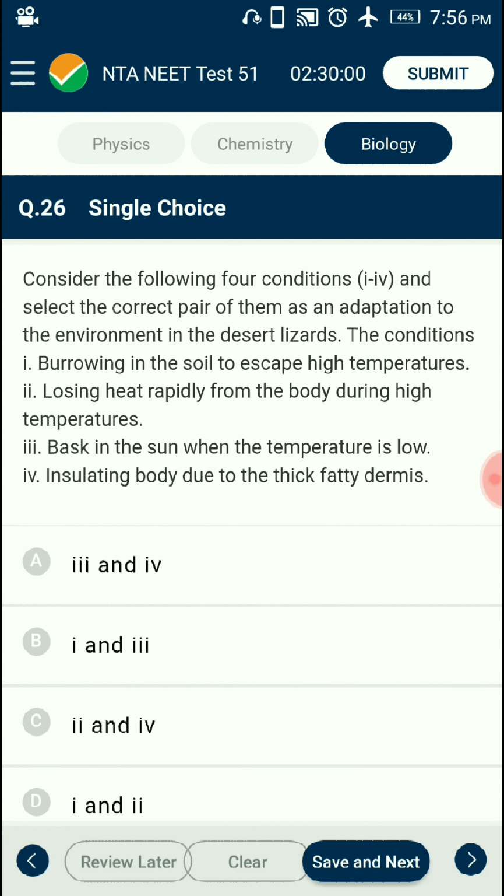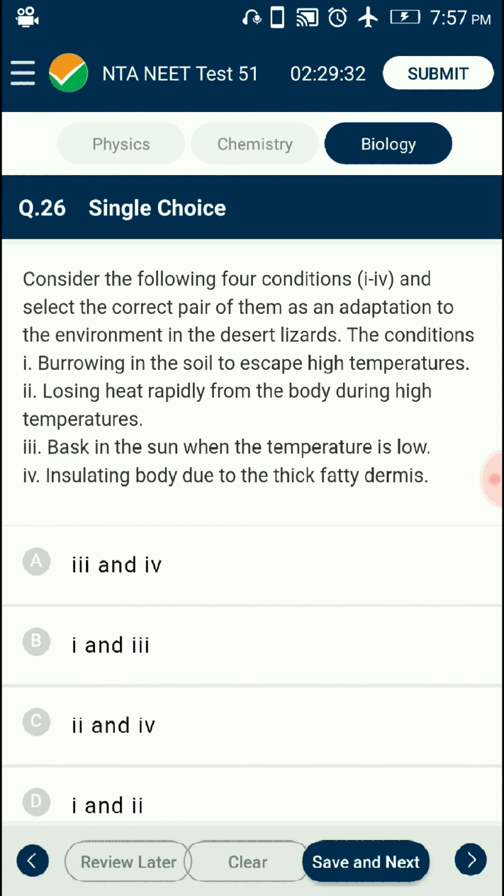Question number 26. Consider the following 4 conditions from 1 to 4 and select the correct pair of them as an adaptation to the environment in the desert lizards. The conditions are given here. Desert lizards lack the physiological ability to cope with high temperatures, hence they have to manage by showing certain behavioral activities.